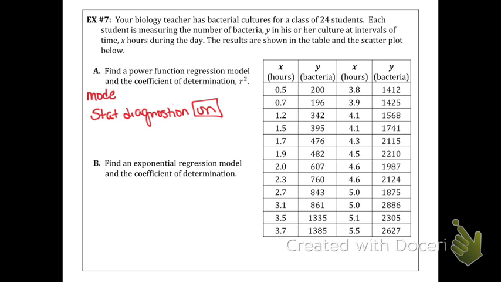Okay, you'll go to mode, go down until you see stat diagnostic. I misspelled it, I was thinking on. All right, and then turn that on right there. You don't have to do the second 0. Or remember, second 0, D, scroll down to diagnostic on and hit enter to choose it and enter till it says done. But if you turn it on in the mode, it'll be right there.